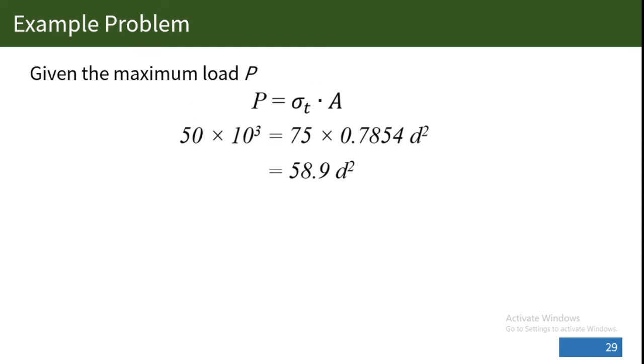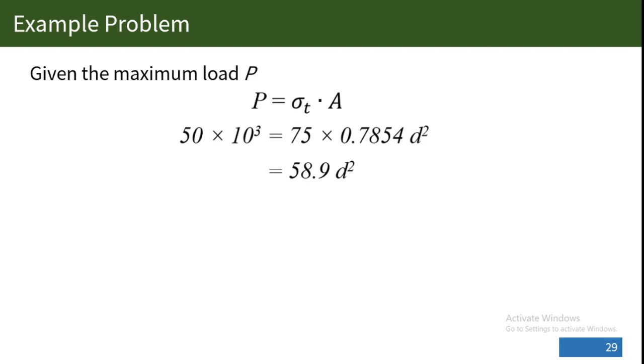From this we substitute the values. P is the maximum load, which is equal to 50,000 newtons. Then we substitute the value for sigma sub T, the maximum permissible stress, which is equal to 75 MPa.